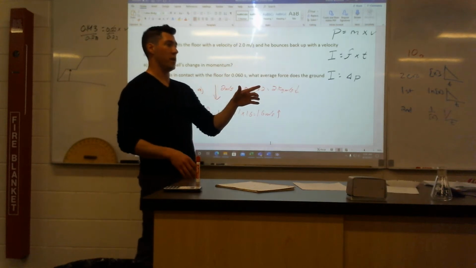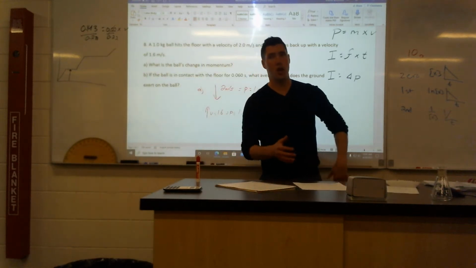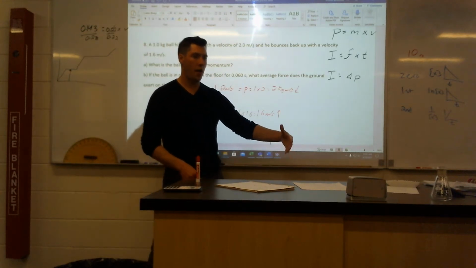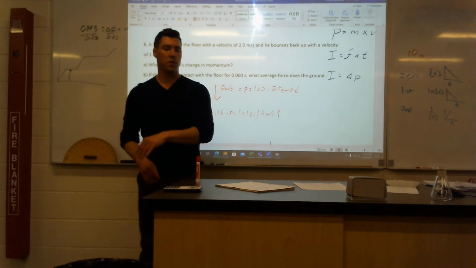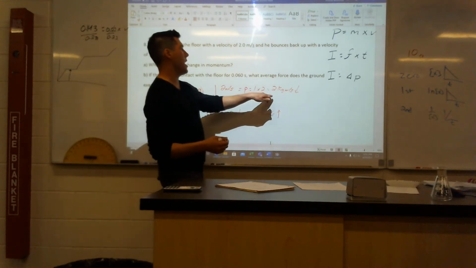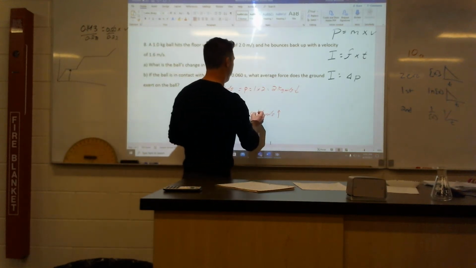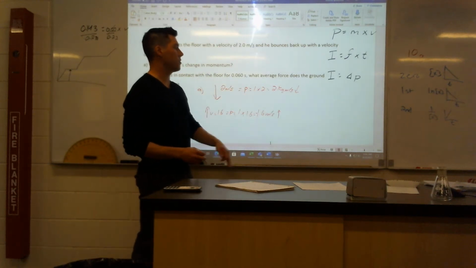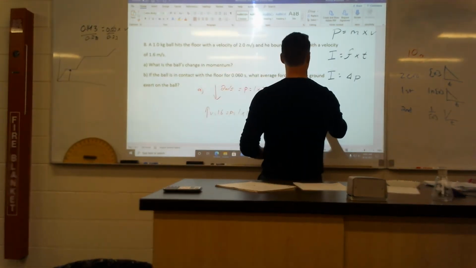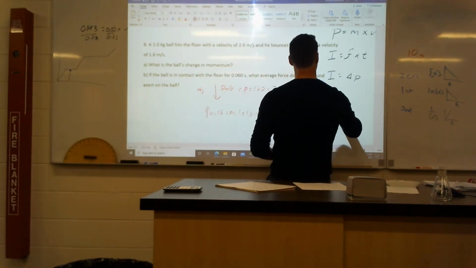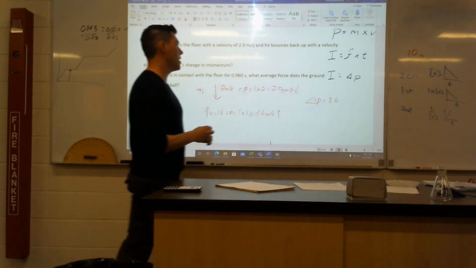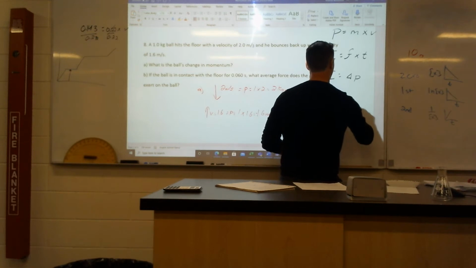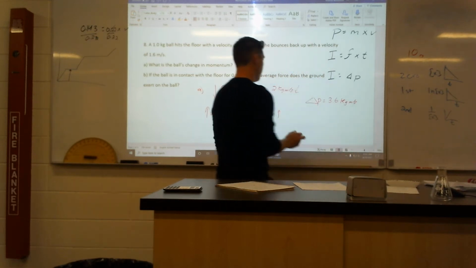But if I'm going this way at 2 meters per second and then change directions, I have to get all the way to 0 and then speed back up going the other direction. So if we think of going down as positive and going up as negative, I went from 2 to negative 1.6. My change in momentum is 3.6 kilogram meters per second.